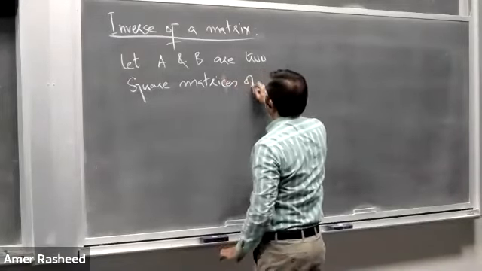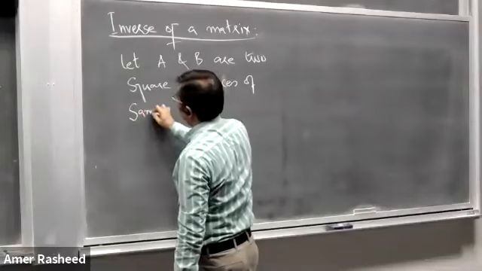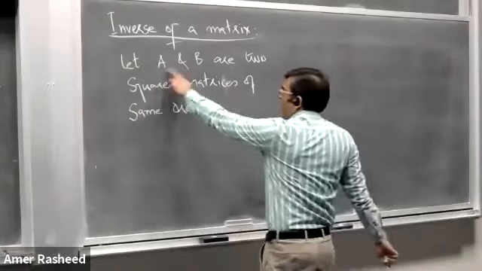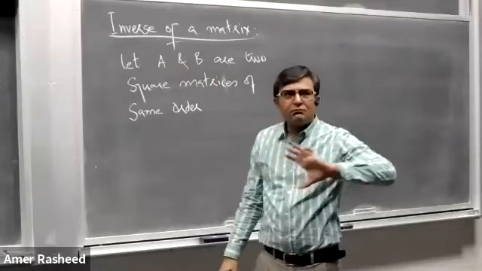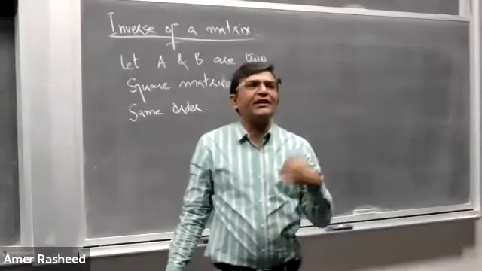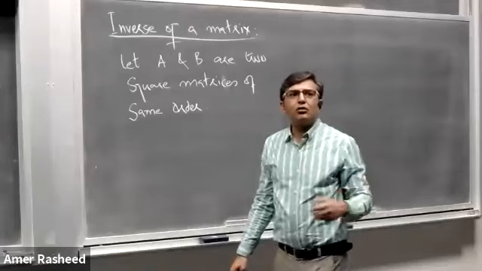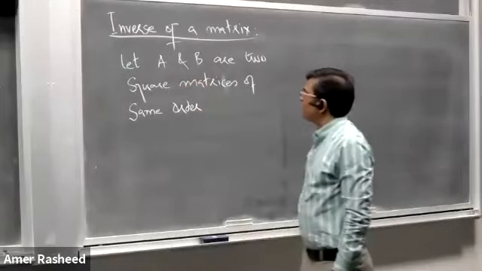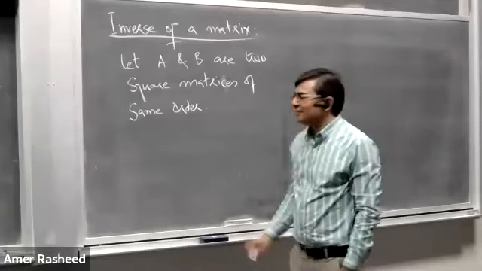Means the order of A and the order of B should be the same. Either they both should be 3 cross 3, or 2 cross 2, or 10 cross 10. Their order should be the same and they must be square matrices.